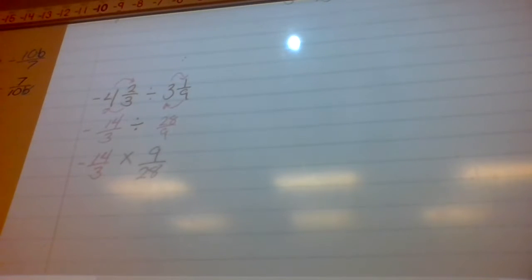I'm missing something. Where should it be? I just want to use this, because then it looks like negative 3 halves divided by negative 1. Some of you, in my opinion, just made it harder than necessary. What could you do right here at this step? You could reduce. You could simplify. Now, is it a must? No, but we can make them smaller rather than having to take 14 times 9 and 3 times 28.